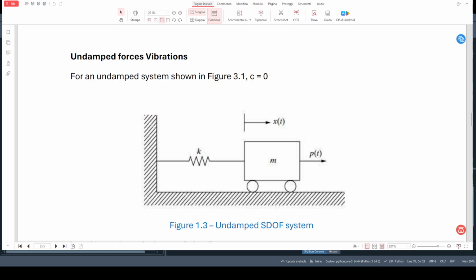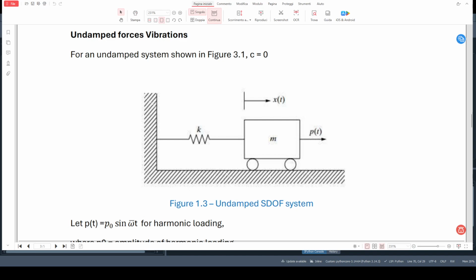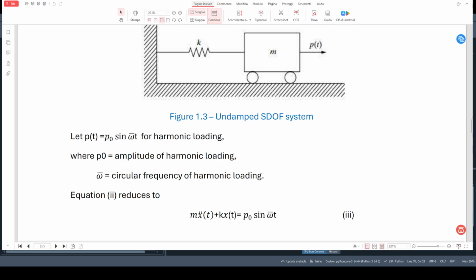So now we consider the case of an undamped forced vibration. We can simplify in this way, where there is only the spring and no damping. If P(t) is equal to P0 sin(omega bar t), this is the harmonic loading, where P0 is the amplitude of the harmonic loading and omega bar is the circular frequency of the harmonic loading.